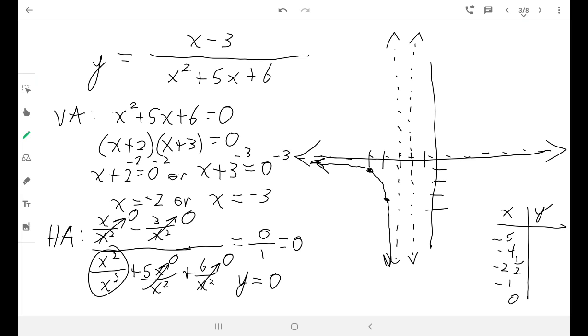And then let's see here. -2.5 squared, which is 25/4, which is just about 6. And then 5 times 5 halves is 25 halves, which is 12.5. So that's 6 minus 12.5, something like that.